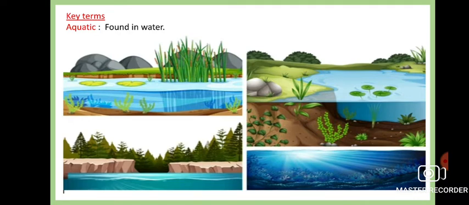You can see there are different types of water bodies. All the plants are staying there. Some are floating, some are submerged, some are attached to the bottom. But in a nutshell, every such plant's home is water, so they are called aquatic plants. Next one is the terrestrial plant.